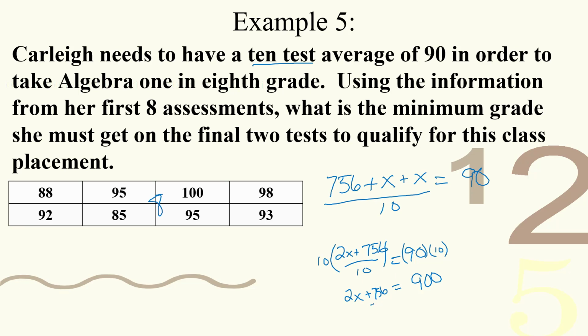So now we're going to subtract 756 from both sides, and 2x is equal to 144. So now we're going to divide by 2 on both sides, and x is equal to 72. Now, it is possible that she could get a 72 on both tests and still qualify with the 90 average.